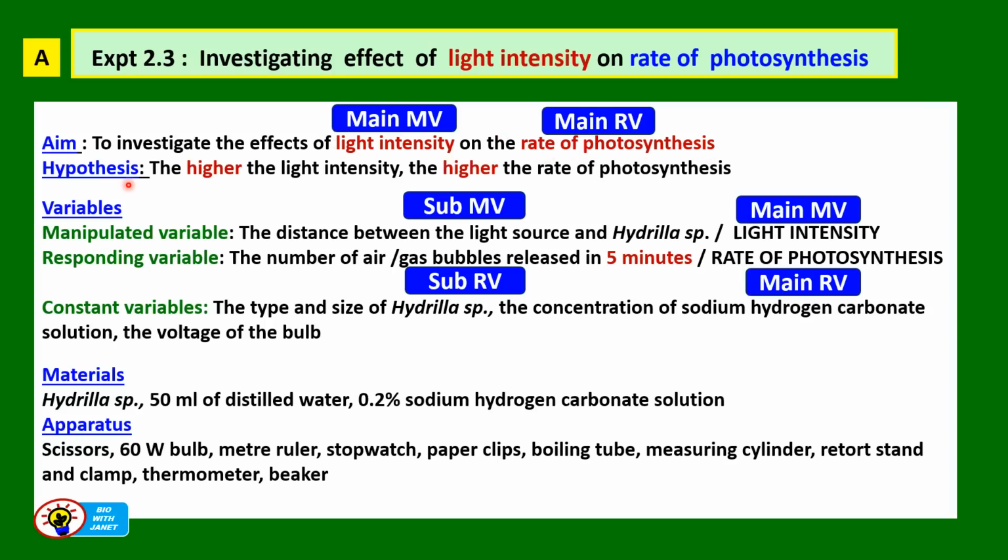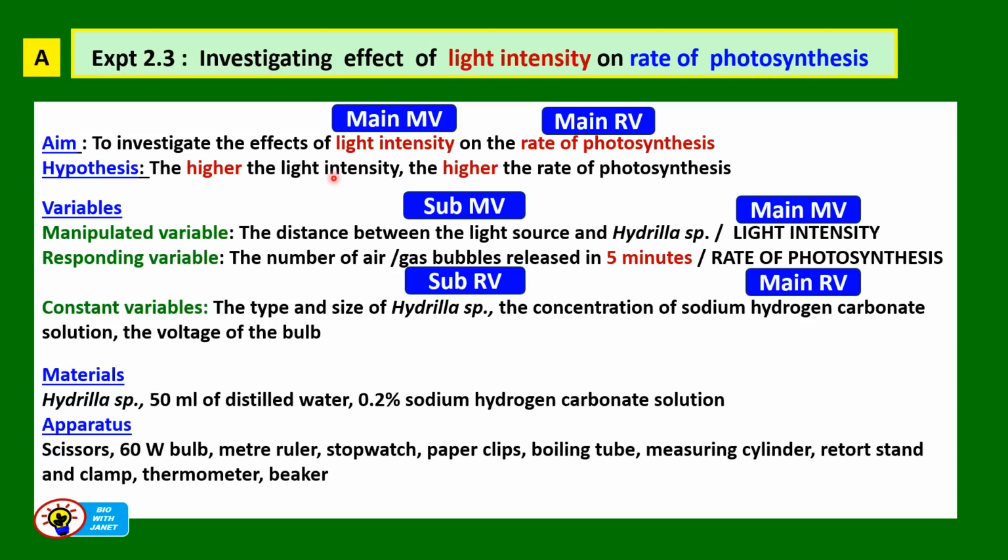Now, how about the hypothesis? How do you write a hypothesis? Your hypothesis must have three components: the main MV, the main RV, and also the correct relationship. Okay, so in this experiment, we can use the format: the higher the MV, the higher or lower the RV. Okay, for example, for light intensity, we can say the higher the light intensity, the higher the rate of photosynthesis.